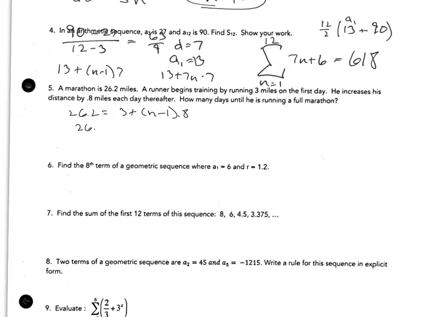So 26.2 is equal to 3 plus 0.8n minus 0.8. So we get 26.2 is equal to 0.8n plus 2.2. When we subtract 2.2 over here, divide by 0.8, you end up getting 30 days.